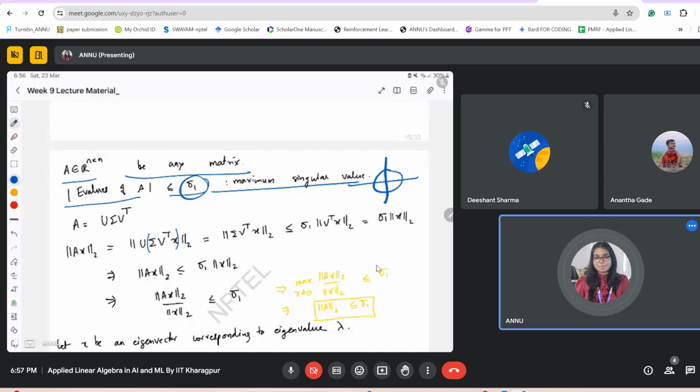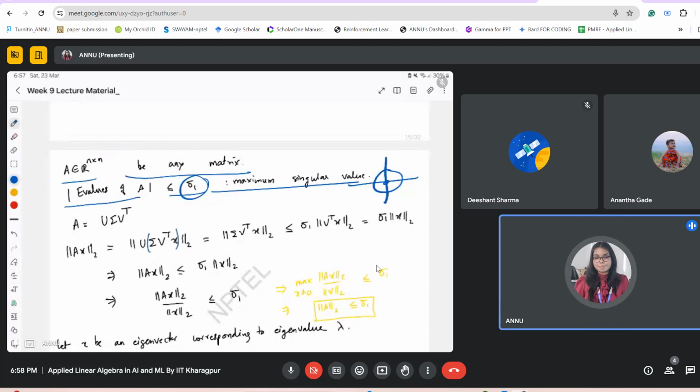So the magnitude of the eigenvalues of any matrix should be less than some maximum value, which is given by sigma 1, because all other eigenvalues should be less than or equal to sigma 1. And if you determine the magnitude of Ax, then if you do the singular value decomposition, it should be less than or equal to sigma 1 also.